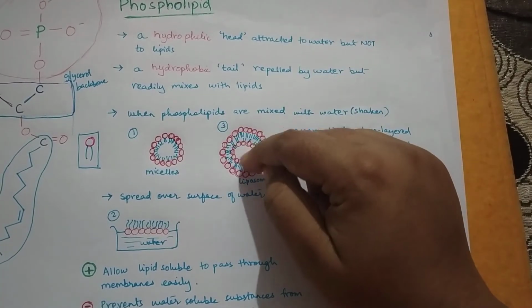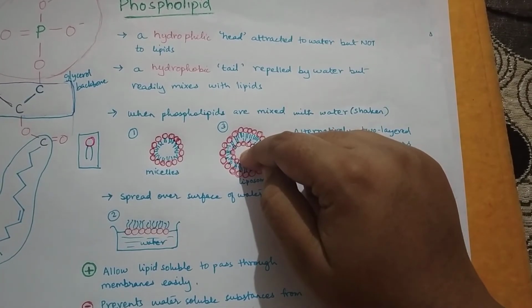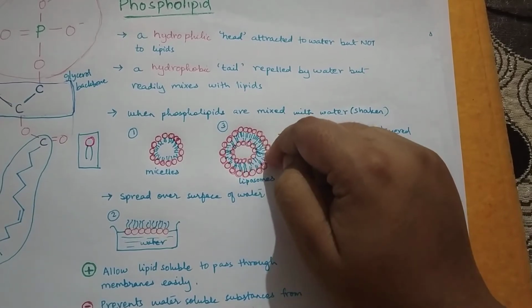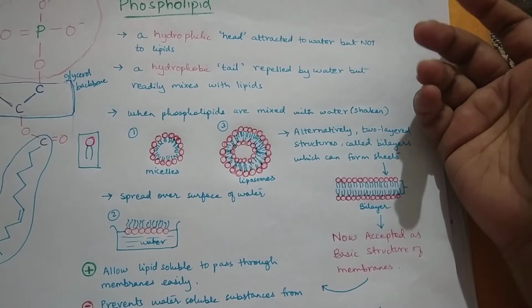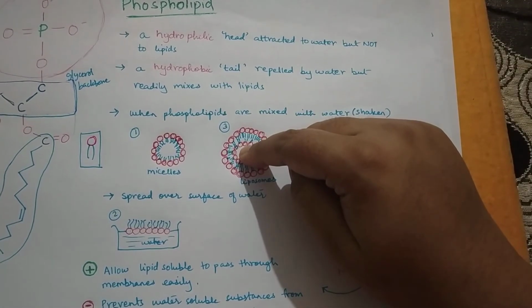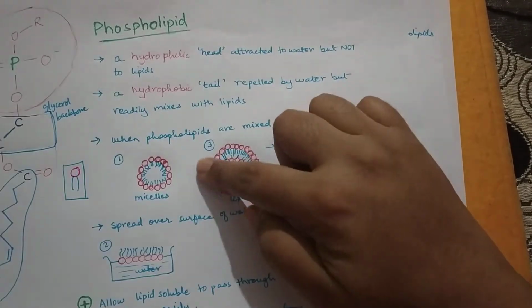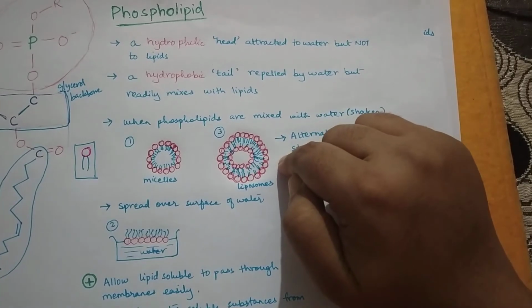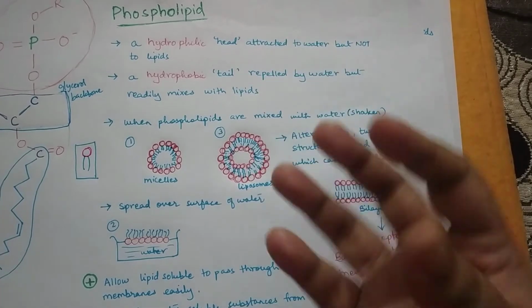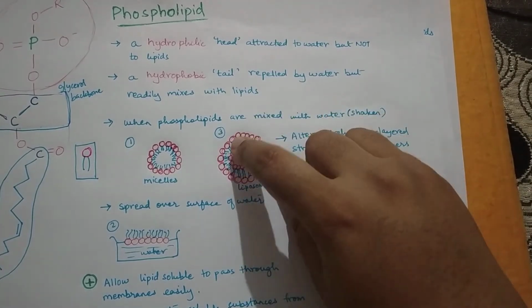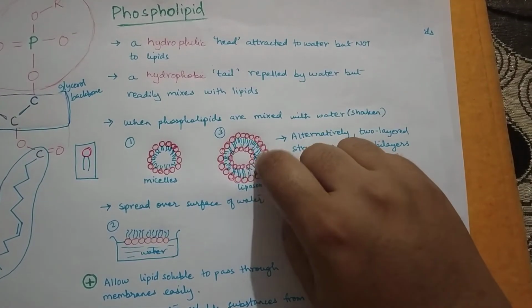One layer of lipids will have their heads towards the inside, and the other layer of lipids will have their heads towards the outside. What is the reason? Because the inside also has water and the outside area also has water. In this case, wherever there is water, the heads are facing the water and the tails have come together to form a non-water region.